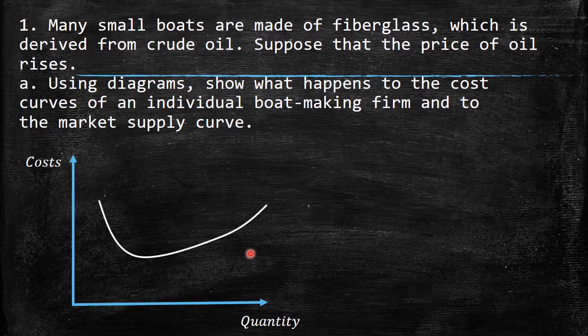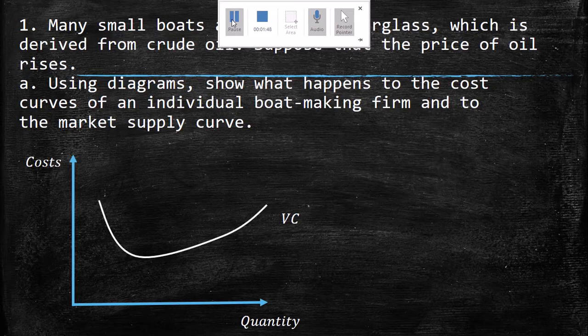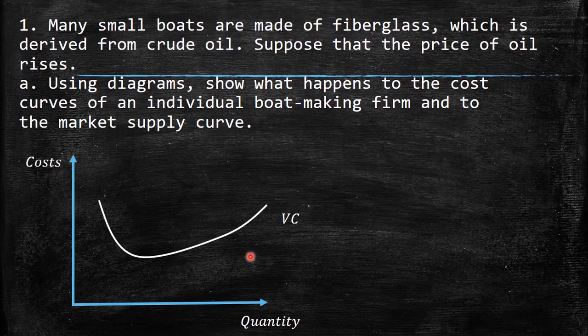Now, what about the curves? Remember, the first curve that we're going to talk about here is the variable cost. Actually, here it is the average variable cost. This represents, on average, how much is the cost that you need to pay for producing one unit.